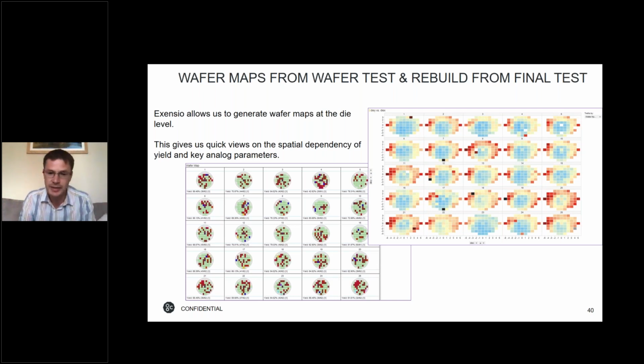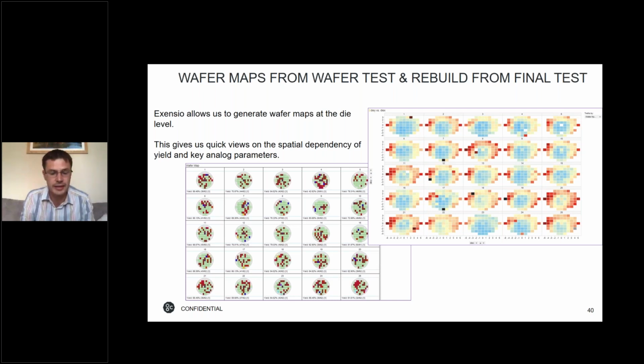We uploaded some data, and there you had wafer maps. So that's great. It gives us a very easy way of looking at spatial dependency of yield and parameters across wafers, for example. We can also reconstruct wafer maps based on data that is contained in our die, our Eve users, and Exensio just does it.